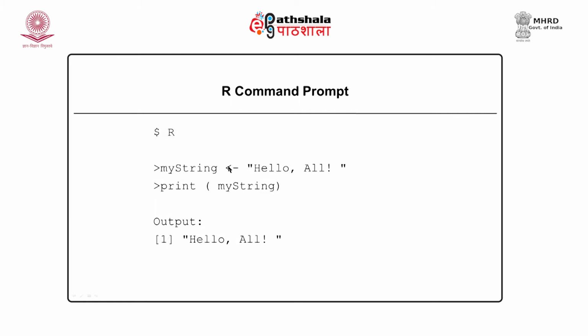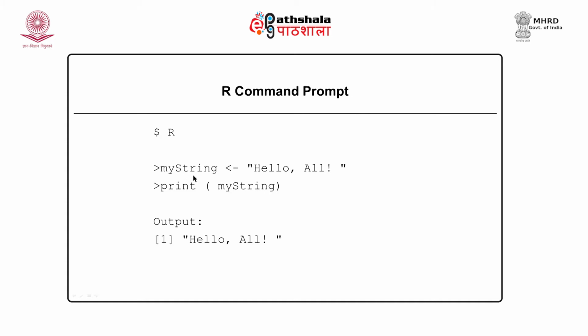Now, let us see what is provided by the command prompt. As you can see on the screen, suppose we are working in a Linux environment. We get the $ prompt. By typing capital R, the R environment will be loaded, and we get a greater than sign. Here you can type separate commands. Line 1 indicates command 1, line 2 indicates command 2.